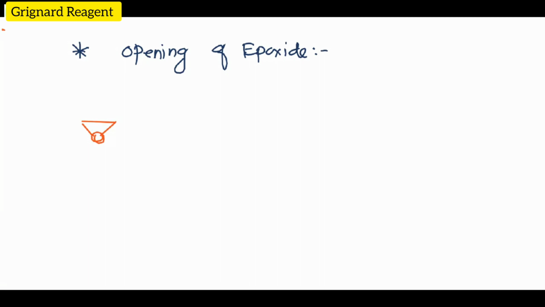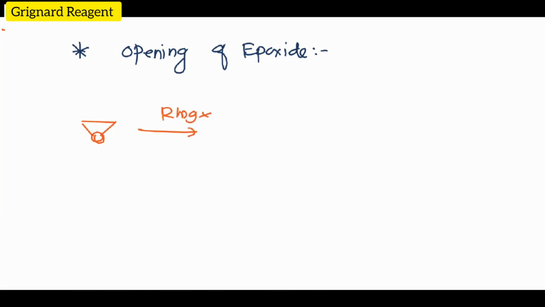The last application is the opening of epoxide. This is again a versatile reagent. You know that epoxides are versatile molecules, and an epoxide is opened by any simple nucleophile.